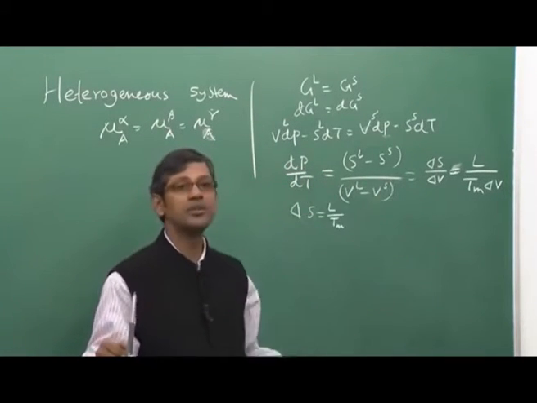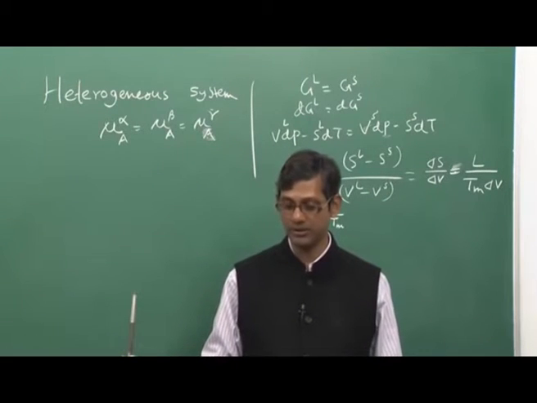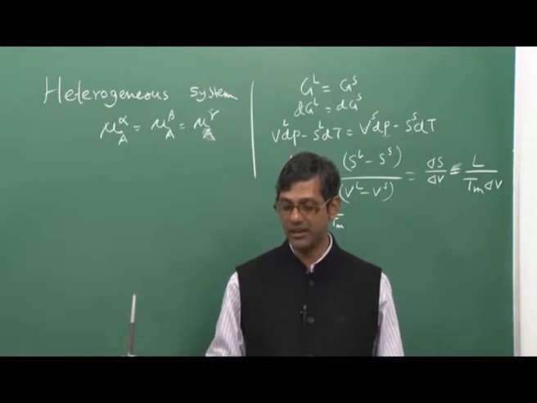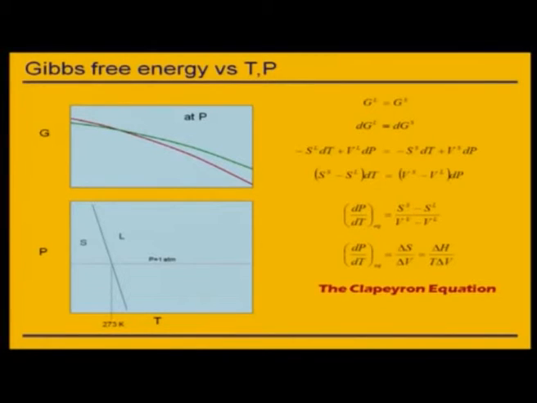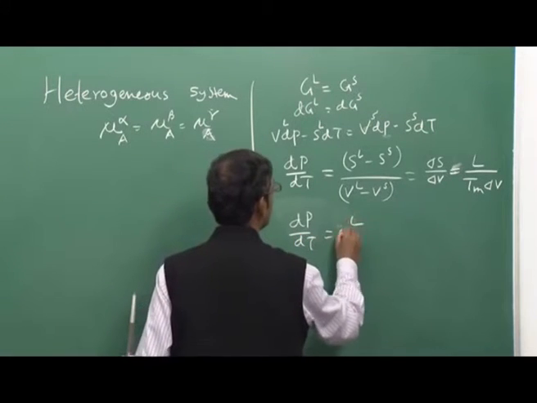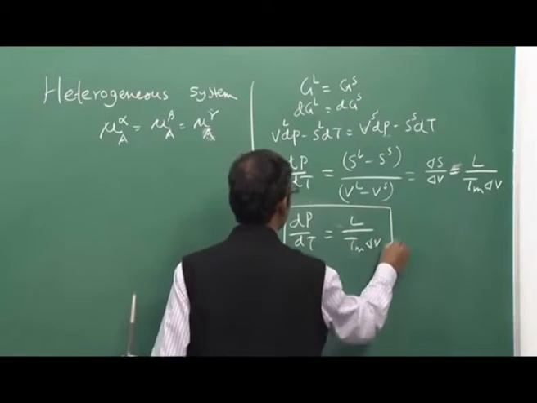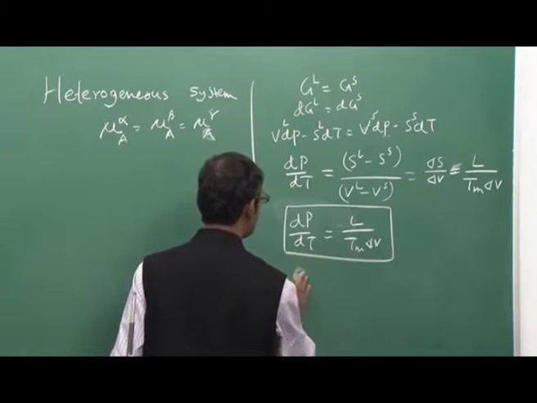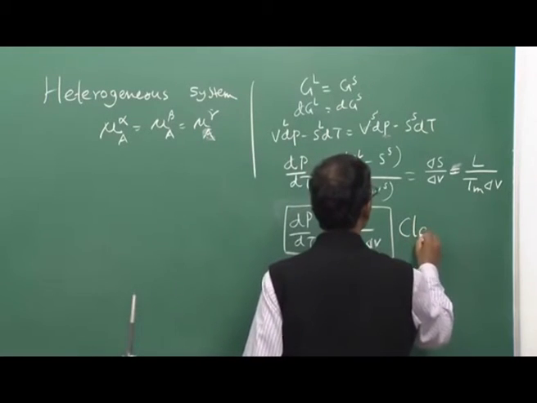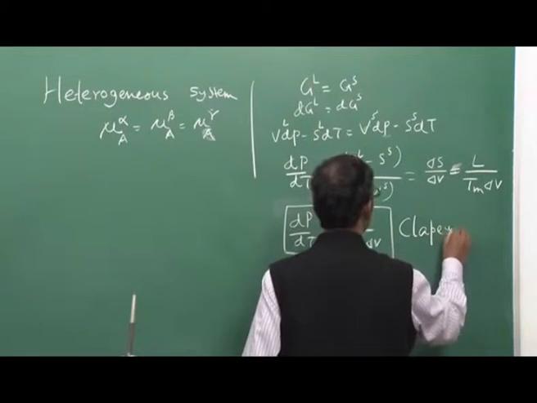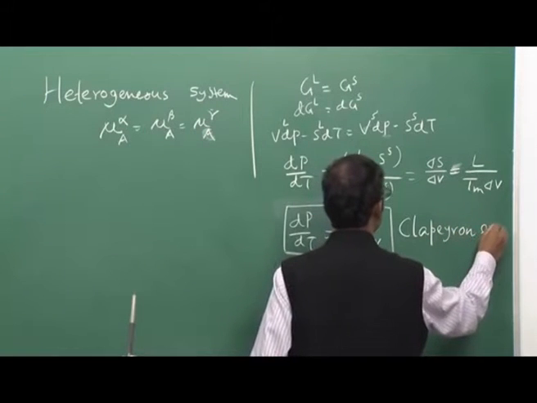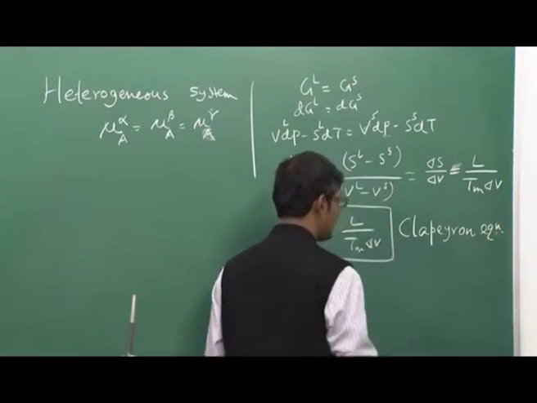So this is known as the Clapeyron equation in the literature. This is what is derived in the slides. So I write down again, I remove this part. dP by dT is equal to L by Tm delta V, and this is known as the Clapeyron equation.